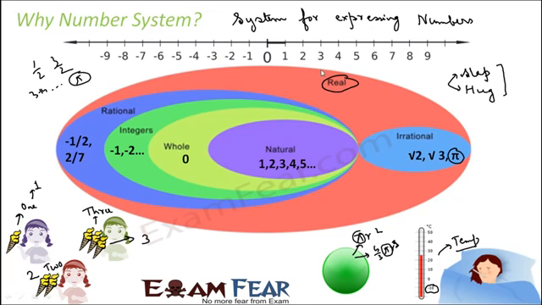So in this whole chapter, we'll talk about the classification of these numbers: why we have natural numbers, why we have whole numbers, why we have integers, why we have rational numbers, why we have irrational numbers, why we have real numbers. So typically, any number which you can represent on a number line is called a real number. They are real, they exist. And that's why you can plot them on the number line.